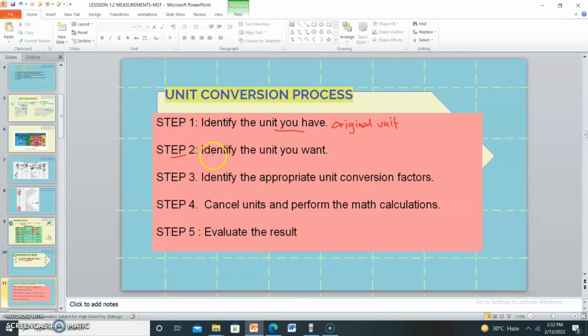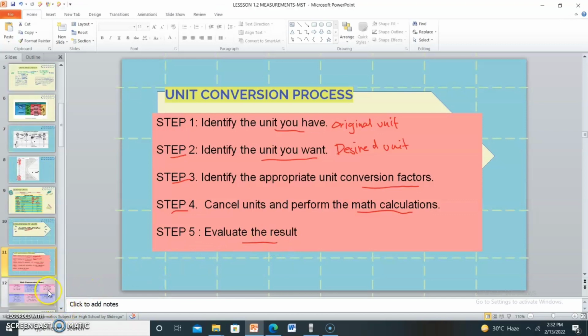Step 2, identify the unit you want or the desired unit. Step 3, identify the appropriate unit conversion factors. Step 4, cancel units and perform the mathematical calculation. And lastly, evaluate the result. So that is the process.